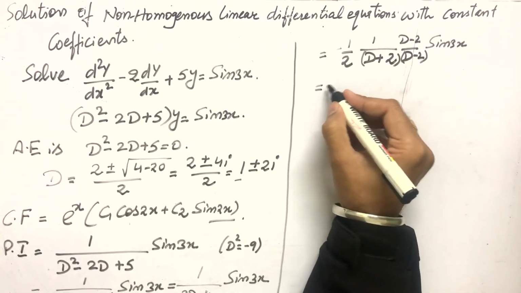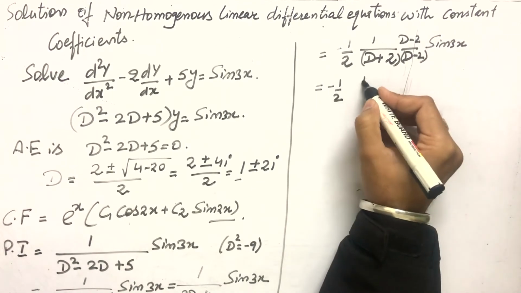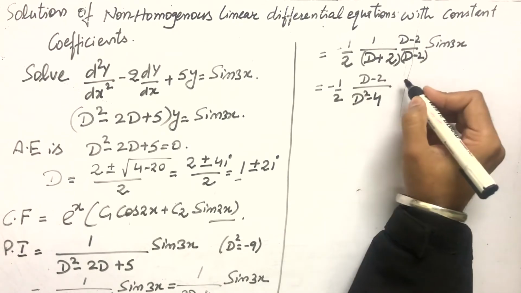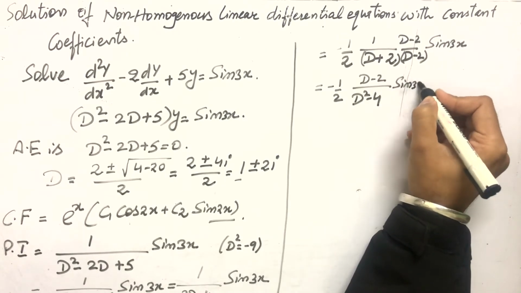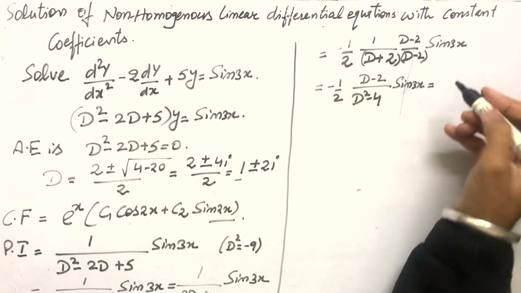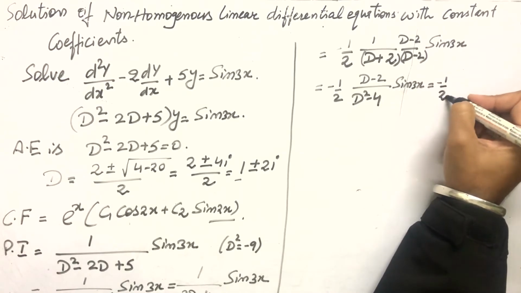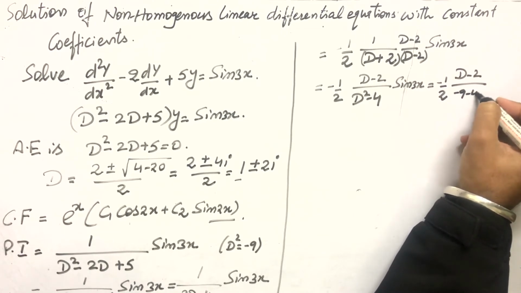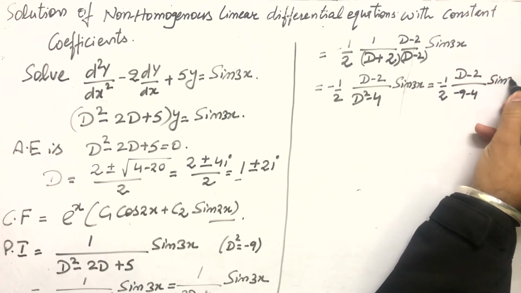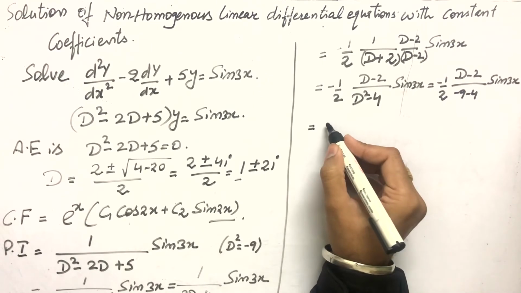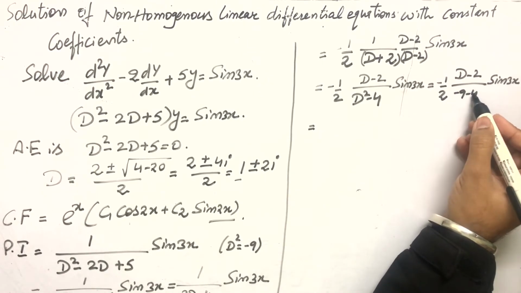So it becomes minus 1 by 2, D minus 2 upon D squared minus 4, sine 3x. So putting D squared is equal to minus 9, it is minus 1 by 2, D minus 2 upon minus 9 minus 4 sine 3x, and this is minus 9 minus 4, minus 13.